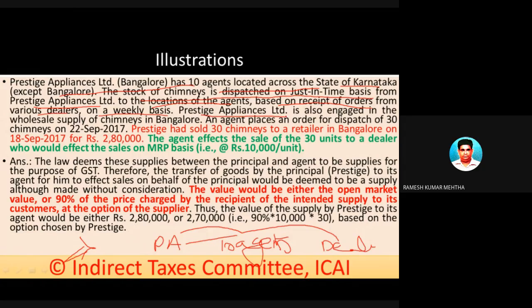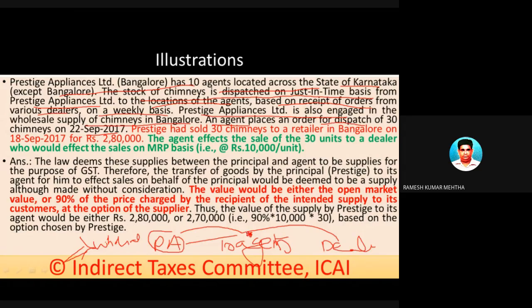Now, Prestige Appliances is also engaged in the wholesale supply of chimneys in Bangalore. Not only are they dealing through the agent to a dealer, they are also into wholesale supply in Bangalore. An agent places an order for dispatch of 30 chimneys on 22nd September 2017.